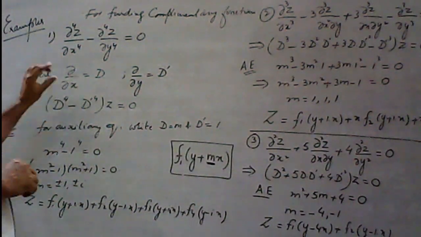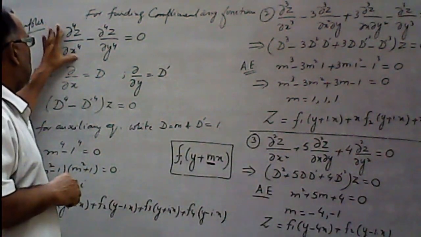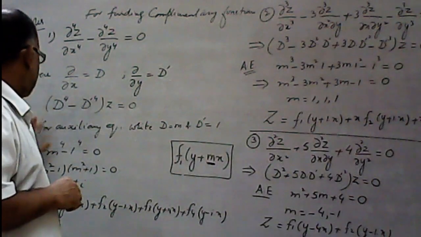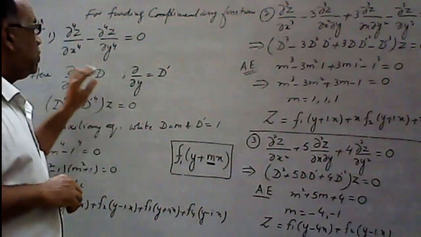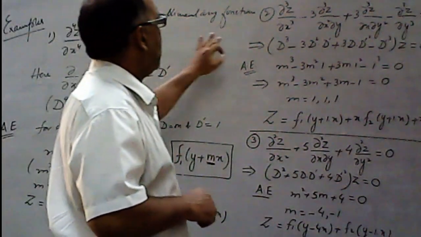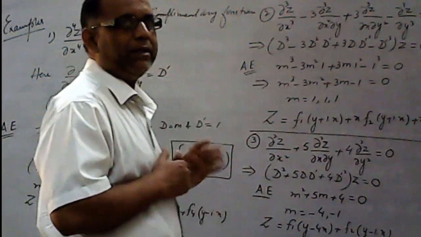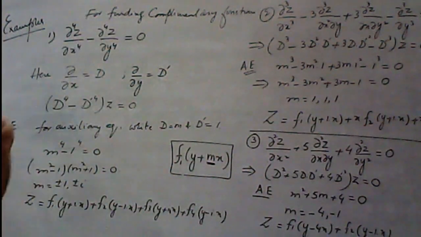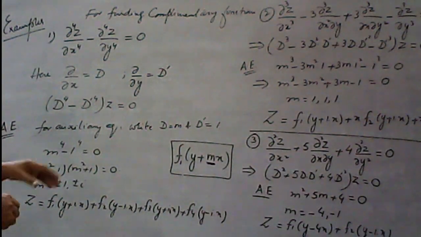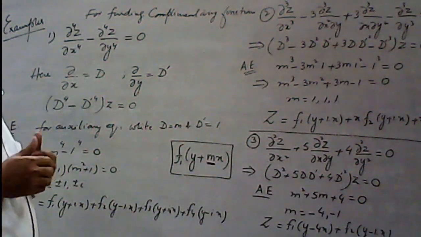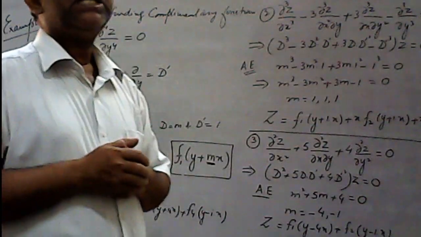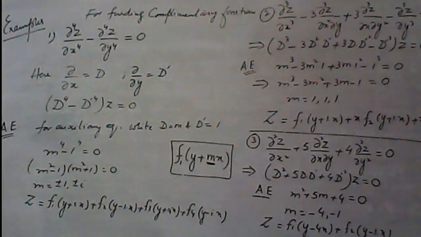Linear means the degree of the derivative terms will always be 1, as you are watching in example 1, example 2 and example 3. The degree of all these derivatives is 1. That is why we call them linear. Secondly, homogeneous. Homogeneous means all the derivative terms must be of the same order.